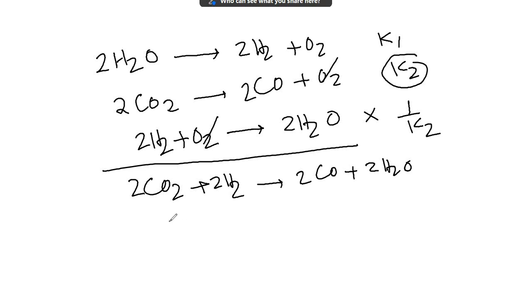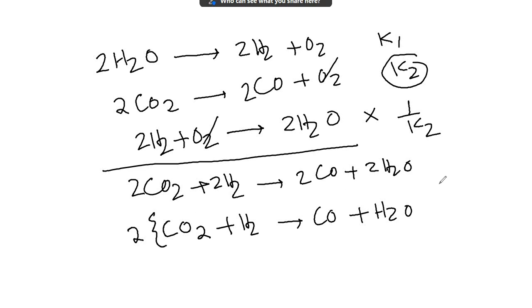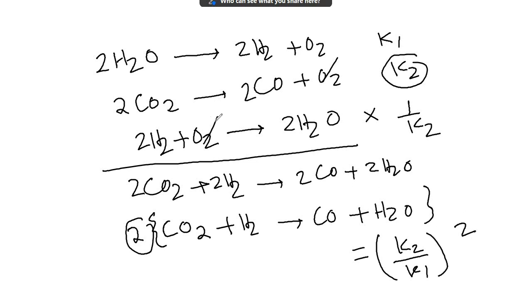For this equation, if they ask you what will be the equilibrium constant for the reaction CO2 plus H2 gives you CO plus H2O, in this case all the terms are multiplied by 2. So it will be K2 by K1, and the coefficient goes to the power: K2 by K1 to the power 2.